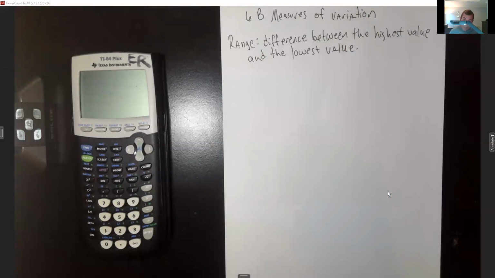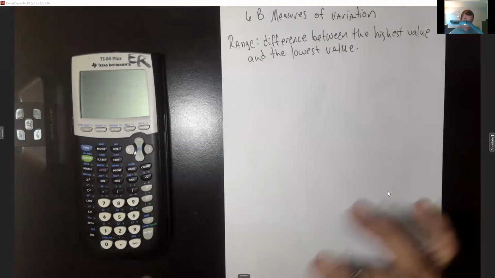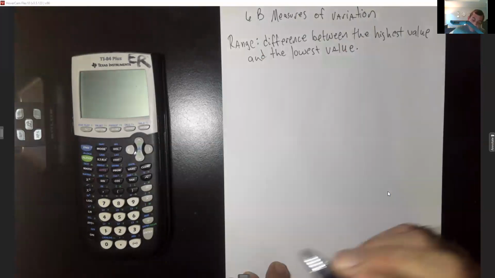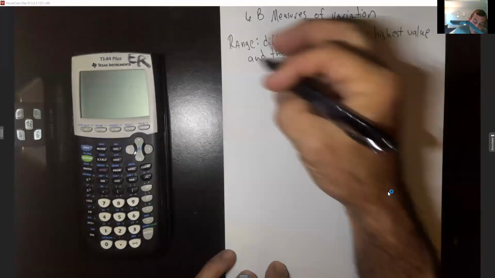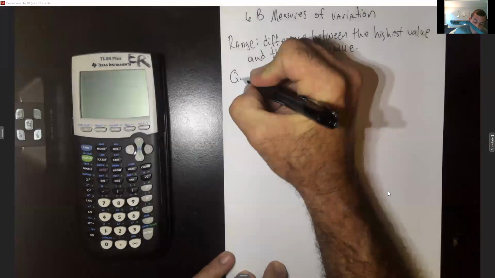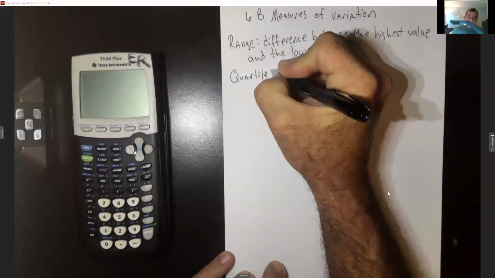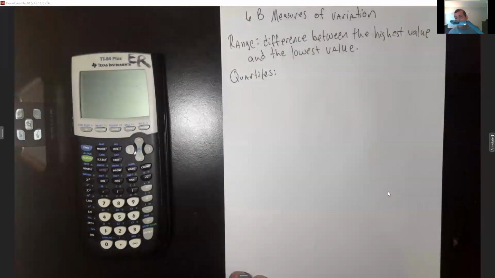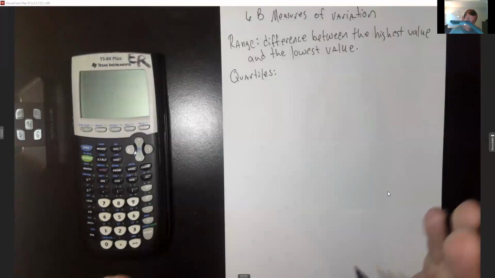All right, so a few more definitions and then we'll start making us some box plots. Now we're going to look at what we call quartiles. Quartiles is just splitting your data into 4 groups.